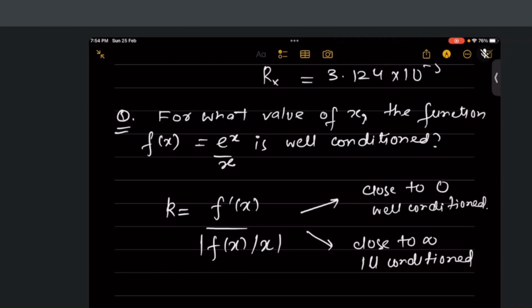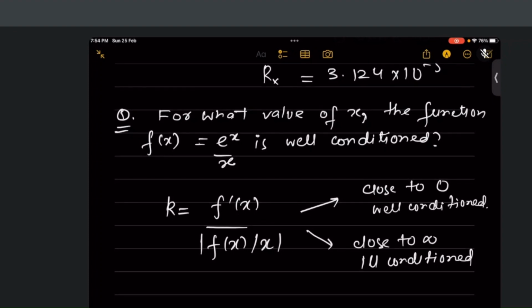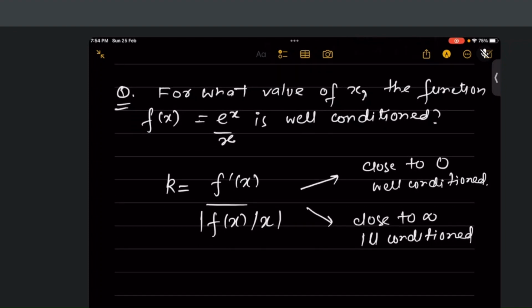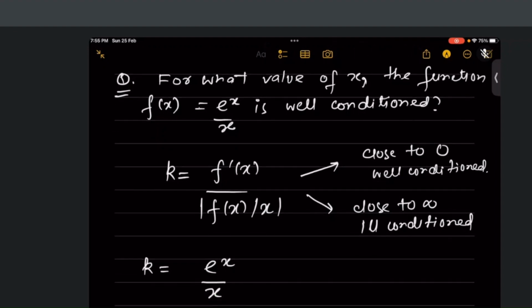So here you have to do nothing, you have to find this. Now what is f dash x? It is x, e to the power x by x into 1 plus x by x. It will be e to the power x upon x into x minus 1, it will be x square.